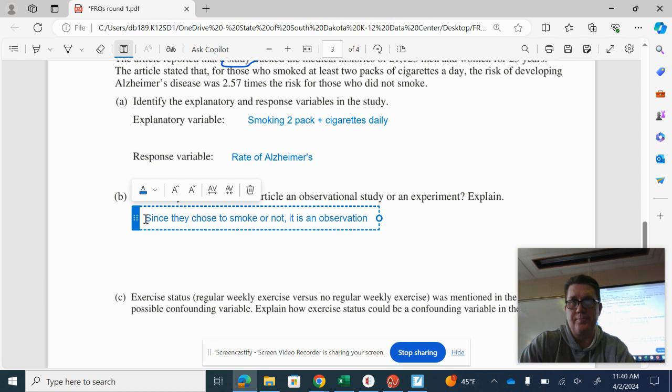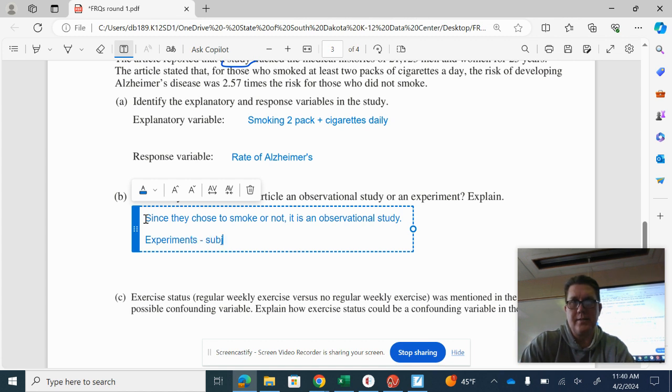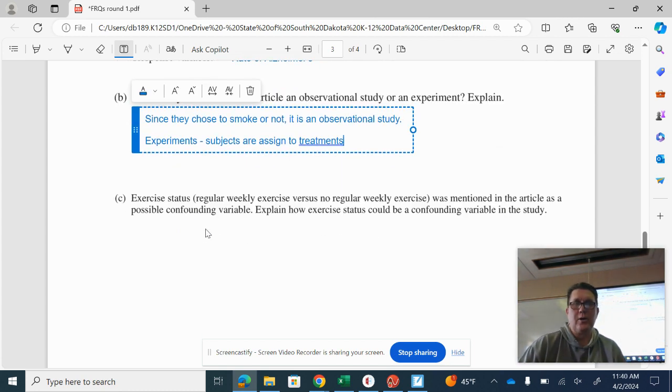That would be enough. But you may go on to say experiments, subjects are assigned to treatments. So showing that understanding, that's good. It's not an experiment, so we can't determine cause effect.